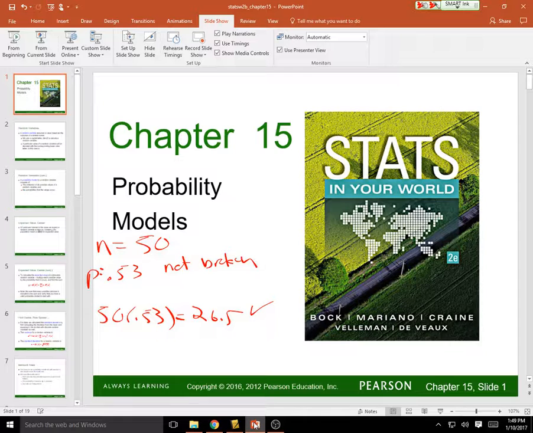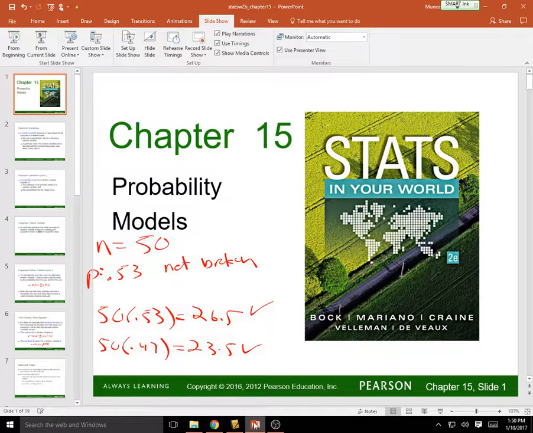Next I check the number of failures. I've got 50 bulbs, and I'm going to multiply that by 0.47. What's 0.47 times 50? 23.5. Are both of those greater than 10? Yes. Then this should be an approximately normal distribution, and I can go through and use my normal tools. Any other questions?